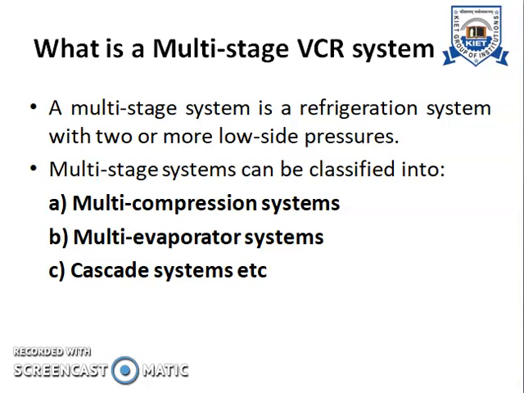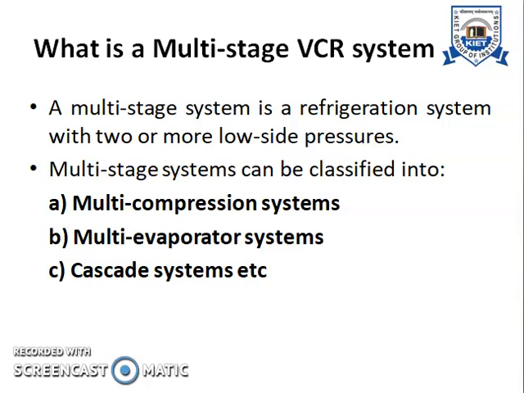Now these multi-stage vapor compression systems can be classified into different types. First, we have the multi-compression system, where we employ more than one compressor. Second, we have the multi-evaporator system, where we employ more than one evaporator.